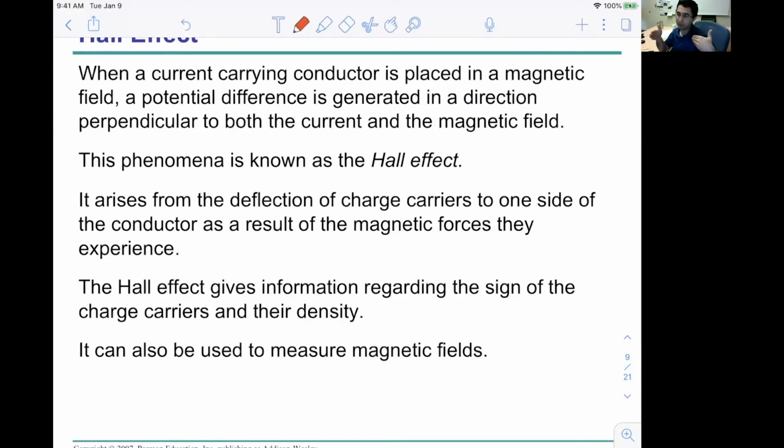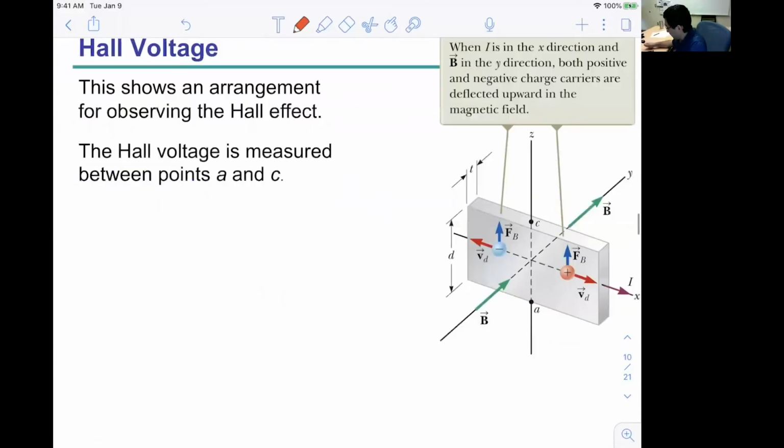So that will be a voltage perpendicular to the current and the magnetic field. We call it the Hall effect. This is a super useful measurement to determine the carrier concentration, and you can use it as a magnetic field sensor, etc.